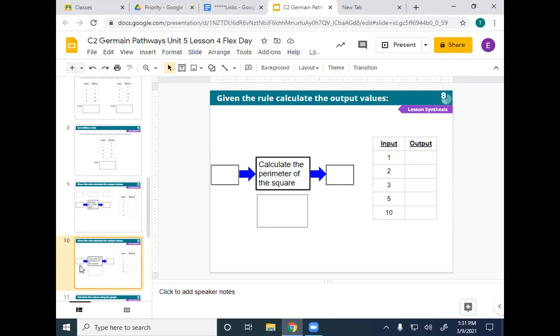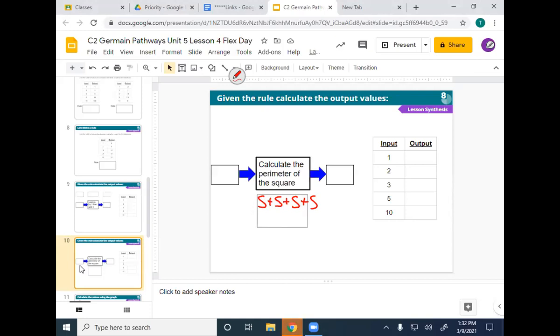Isn't it length times... Perimeter though, not area. Olivia? You add all the sides of a perimeter to get the perimeter. Good. And if we're talking about a square, we know all the side lengths are the same. So we're going to be able to say side plus side plus side plus side, right? 4 side lengths added together is going to get me the perimeter of that square.